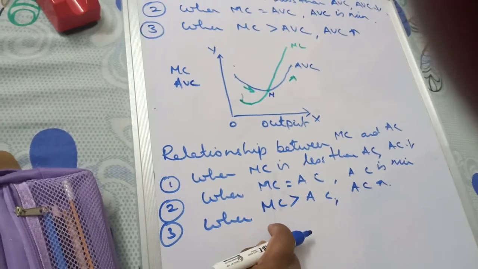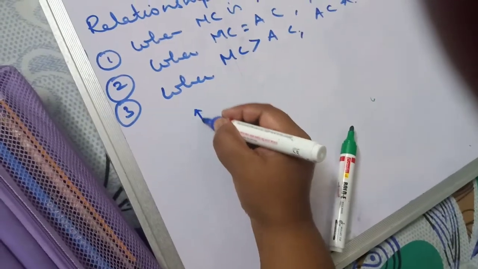When MC is greater than AC, AC rises. So always AC, okay? This is the AC relationship. So we're going to make the diagram also.